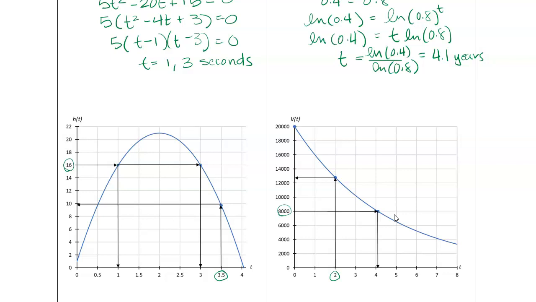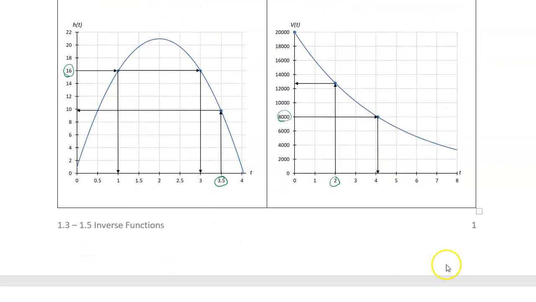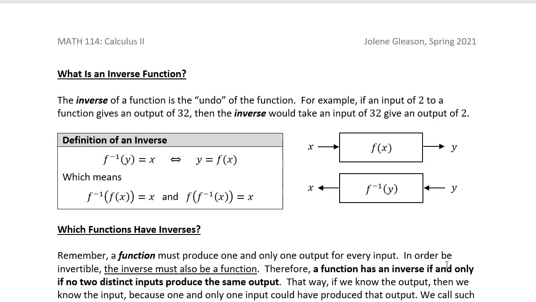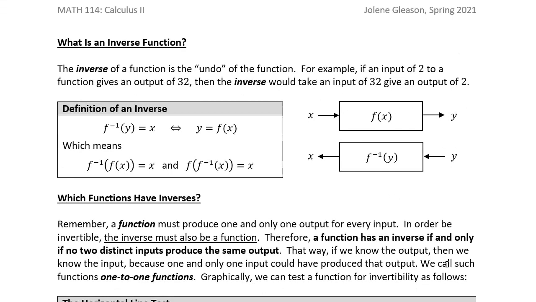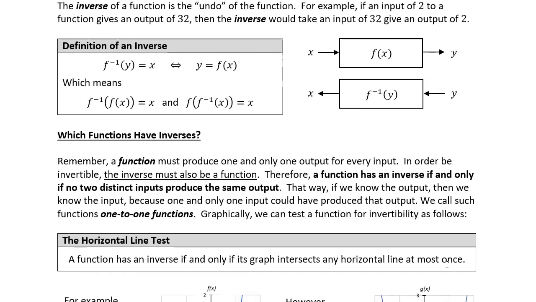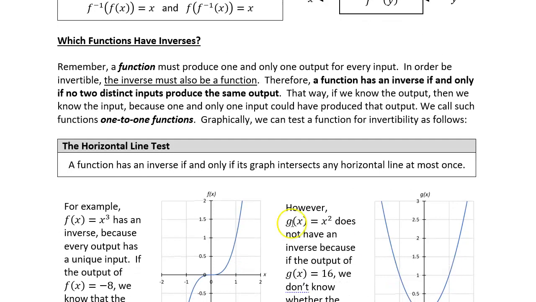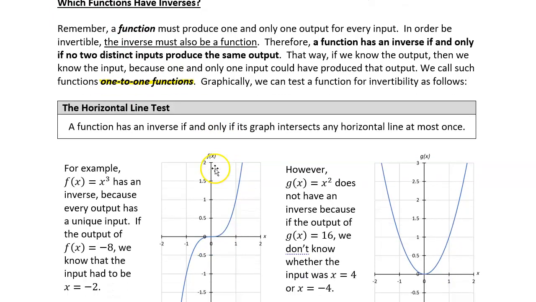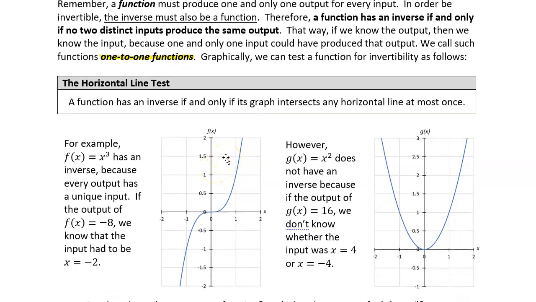All right, I want you to go ahead and take a look at this next page. You can read through: what is an inverse? Remind yourself what an inverse is and which functions have inverses. There's some terminology that may be new to you here, one-to-one functions. A one-to-one function is an invertible function, and the horizontal line test can be used to determine whether a function is invertible or not based on its graph.